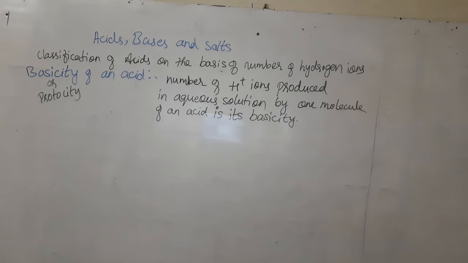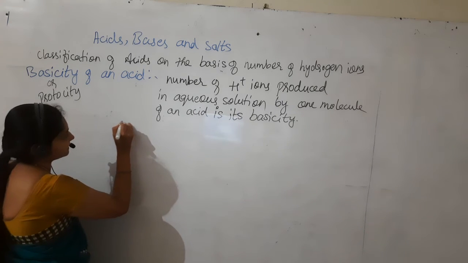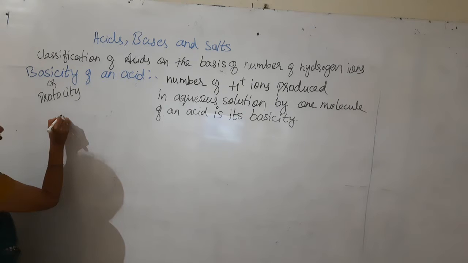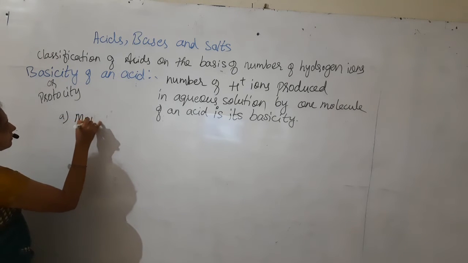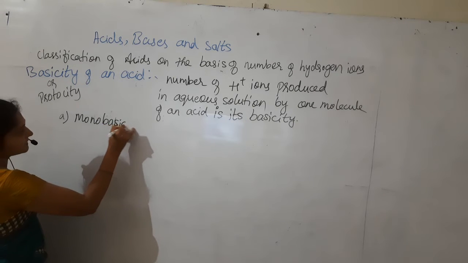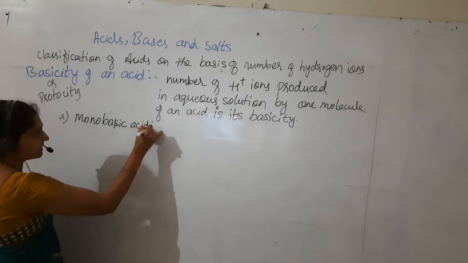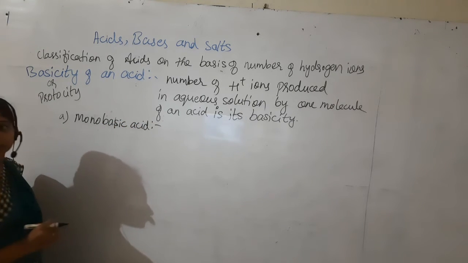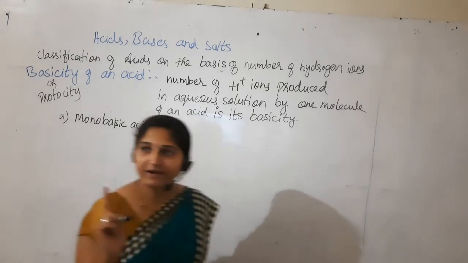There are mainly three types of basicity of acids. What are those? They are classified as, first one, monobasic acid. The term itself, mono, means what? Only one, single.